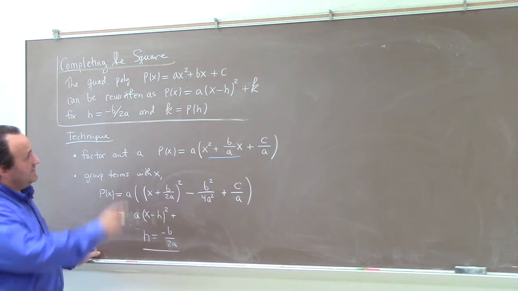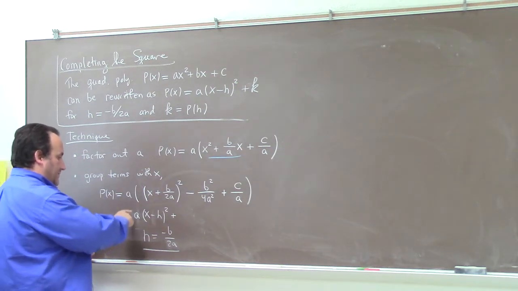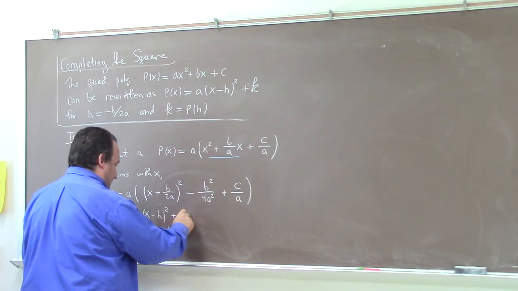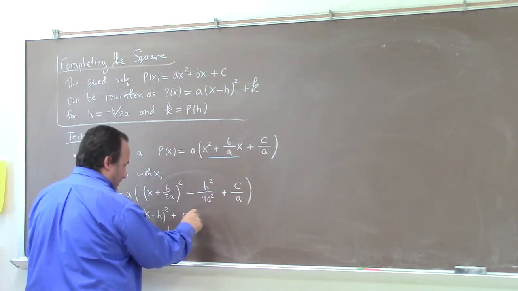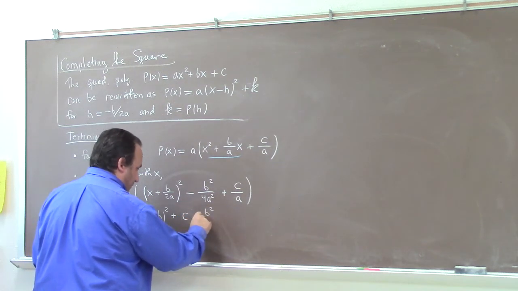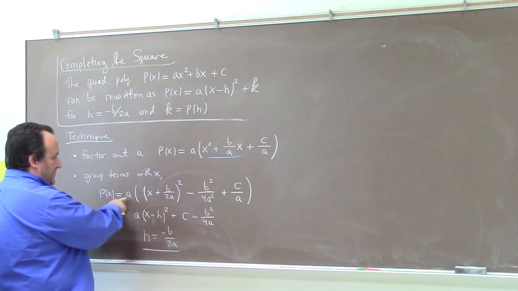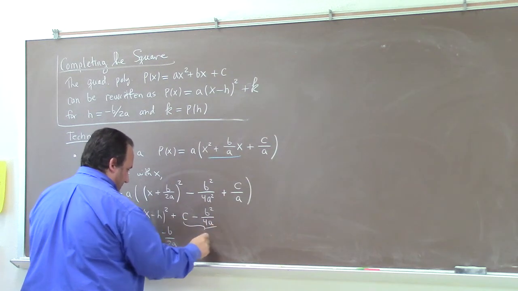And I said this was a times x minus h squared plus k. So whatever is left over here, when I multiply a through, I get c minus b squared over 4a. This is the quote-unquote k.